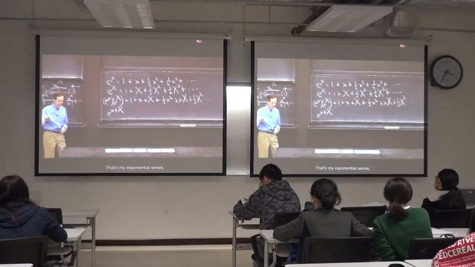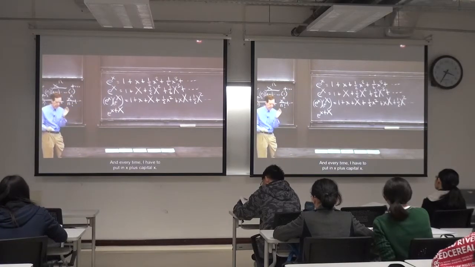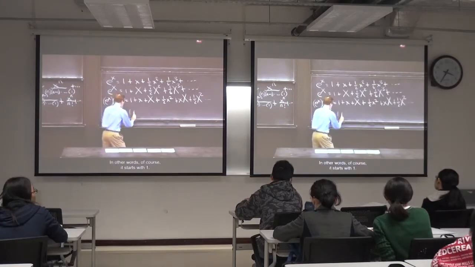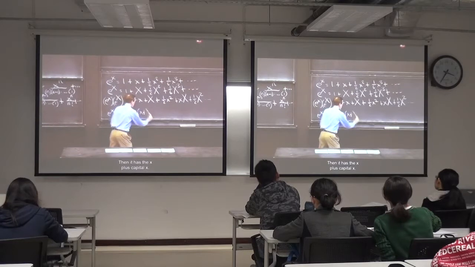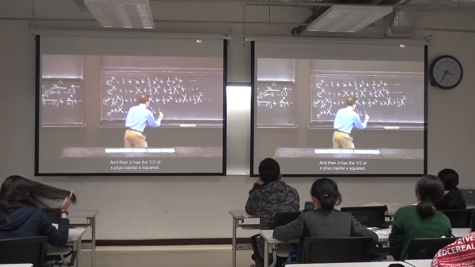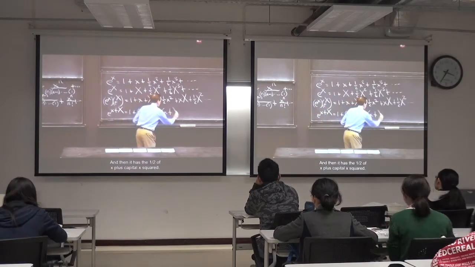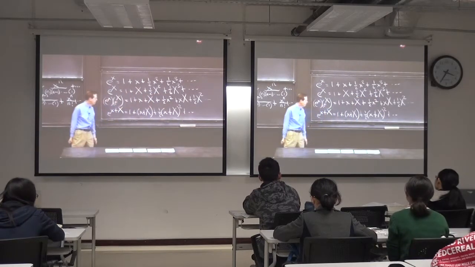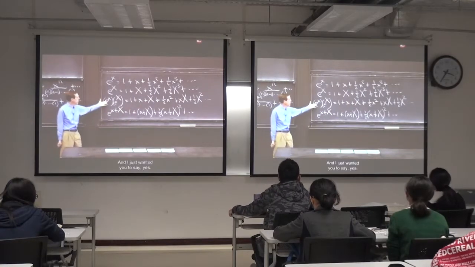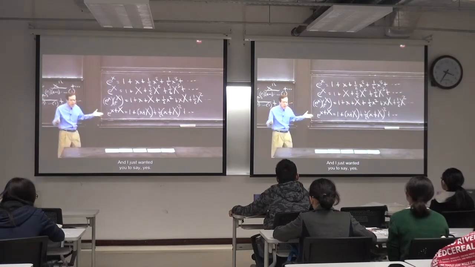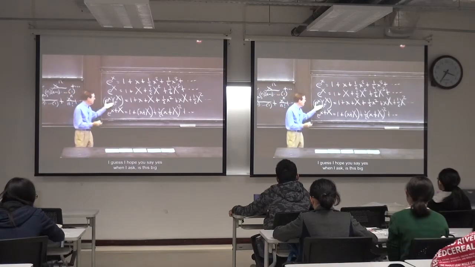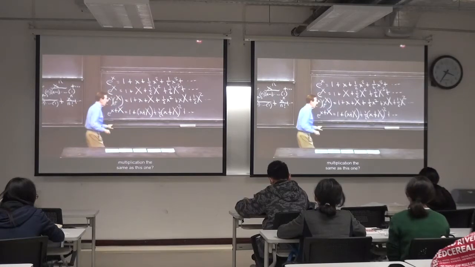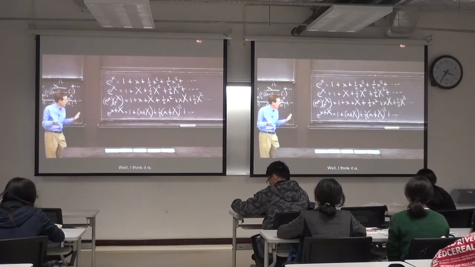That's my exponential series, and every time I have to put in x plus capital X. In other words, of course, it starts with 1, then it has the x plus capital X, and then it has the 1/2 of x plus capital X squared, and it keeps going. And I just want you to say yes. I guess I hope you say yes when I ask, is this big multiplication the same as this one? Well, I think it is.